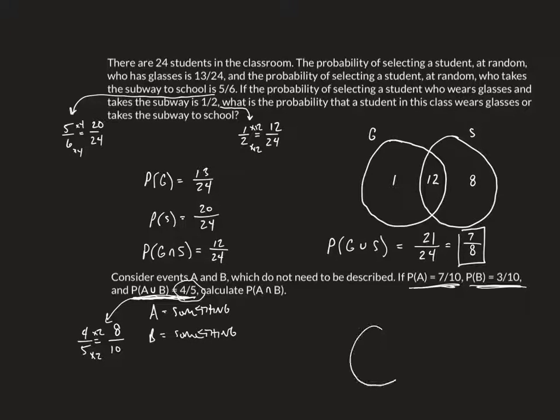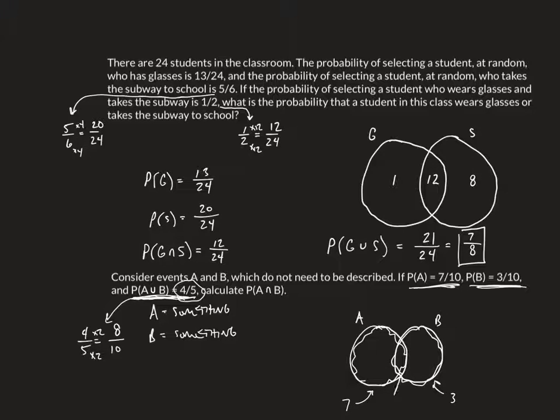If I've got the Venn diagram here with A and B being these two circles in the Venn diagram, I know that in all of A, I need to end up with a 7. So this whole thing has to end up being 7 elements. And this whole thing has to end up being 3 elements.